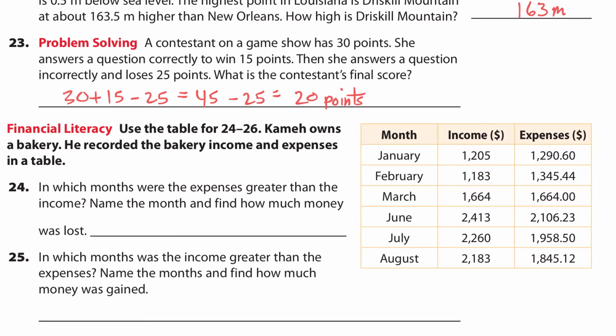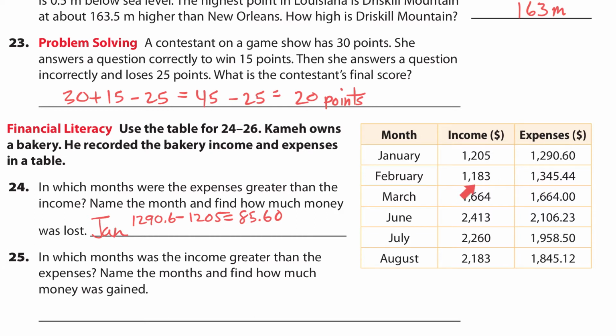So January: 1290.60 minus 1205, that's $85.60.